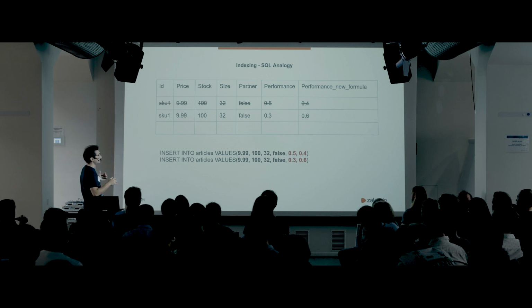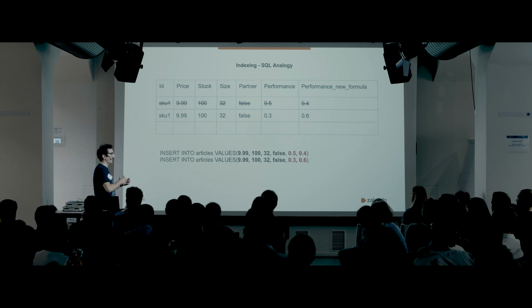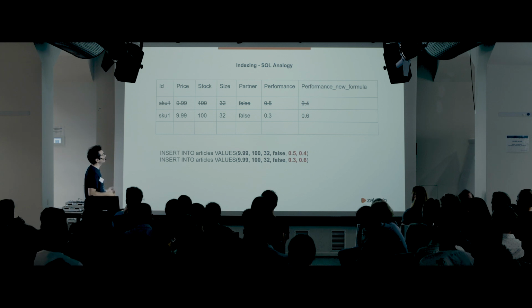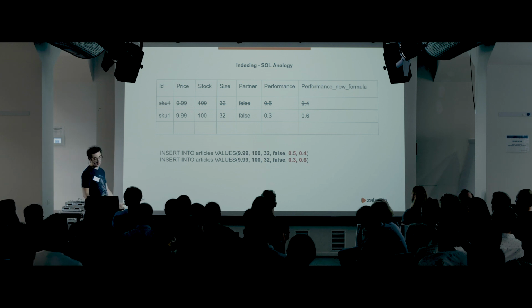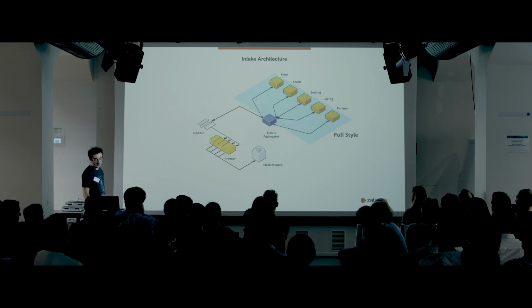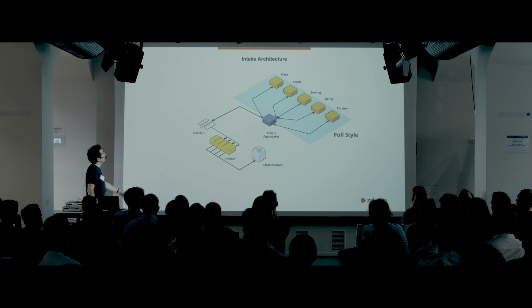But in case of Elasticsearch, the way that we use it, we aggregate the article completely and then store the whole document into Elasticsearch. And it was supposed to look like this in SQL. And now look at the architectural view, how it was done. In this case, this architecture corresponds to this kind of SQL.